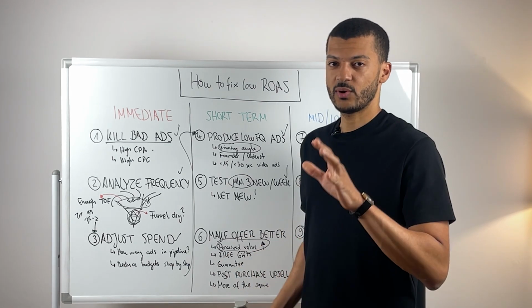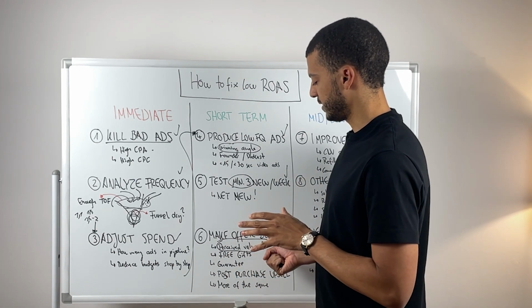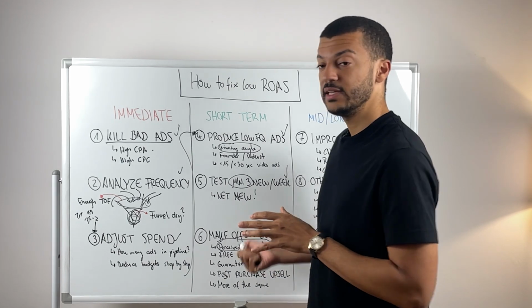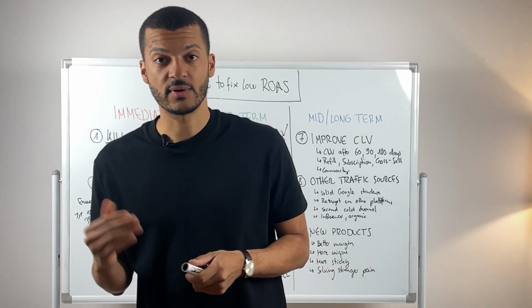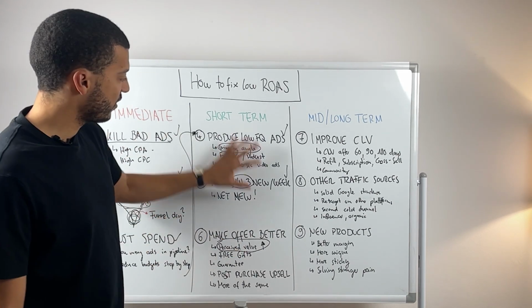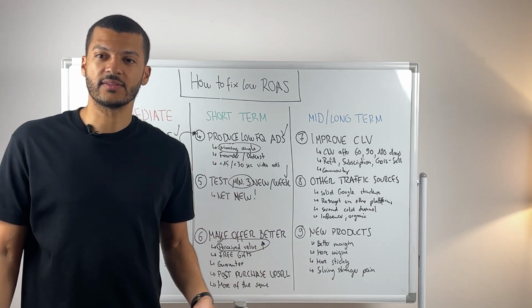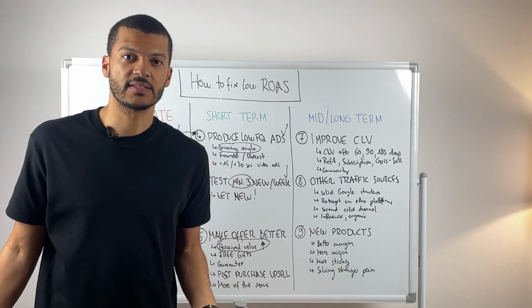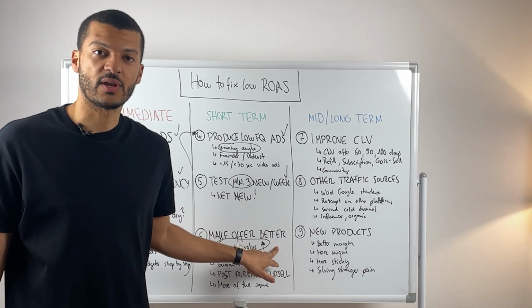This is one thing that I would also say is very crucial here, that your AOV is high enough, right? So if you have all of these problems and you solve all of this, but your AOV is still like $30 or $40, then that's a huge bottleneck, right?